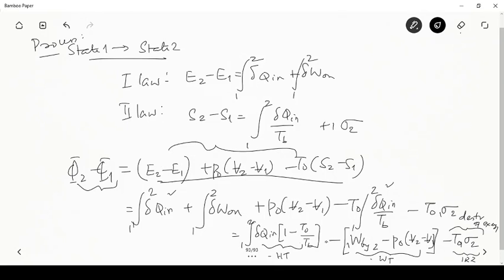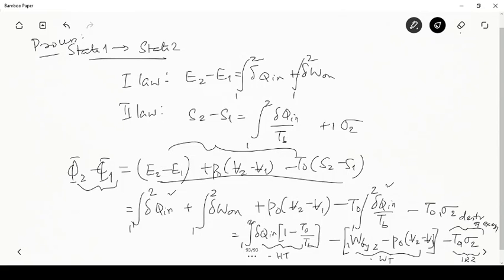The same thing is rewritten in this form. So you can actually say that E2 minus E1 plus P naught into V2 minus V1 minus T naught into S2 minus S1 is equal to the integral of delta Q in into 1 minus T naught by Tb, plus W by minus P naught into V2 minus V1, minus T naught sigma 1, 2.